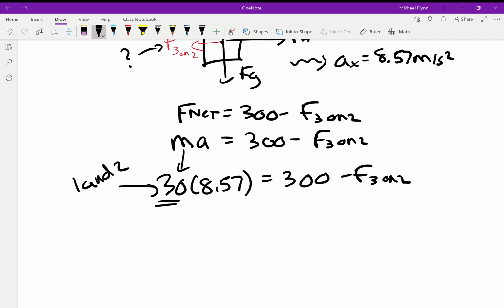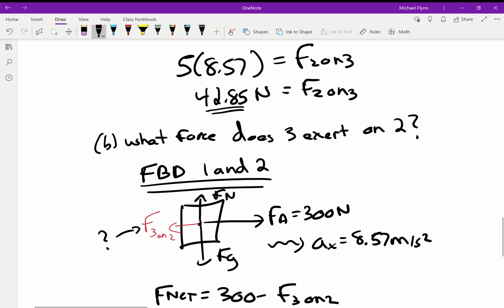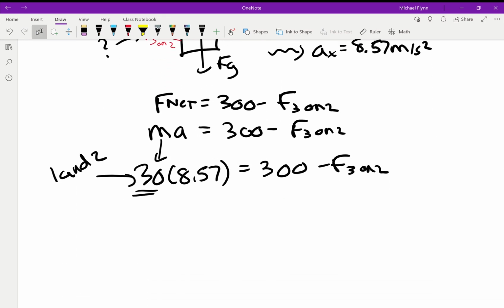So I take out my calculator. I go 30 times 8.57 minus 300. I'm just going to do it all in one step. And I get 42.9. Yeah, I get the same number. I did some rounding, so it's not exactly the same.